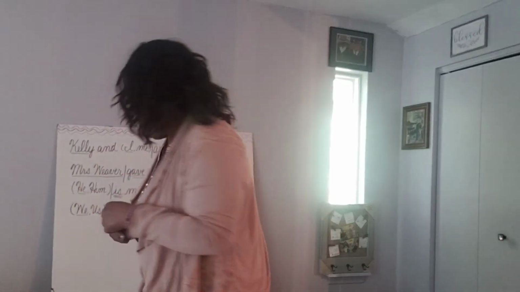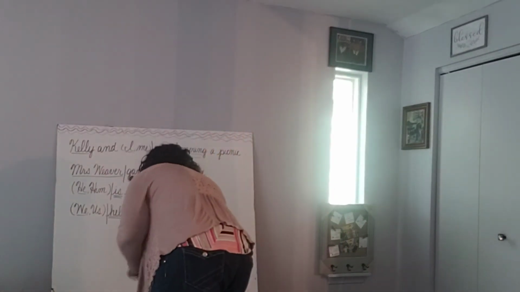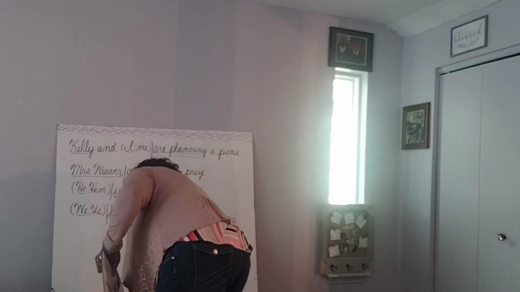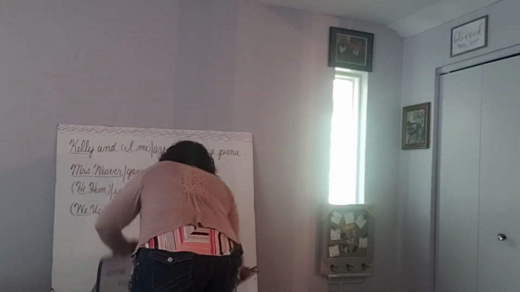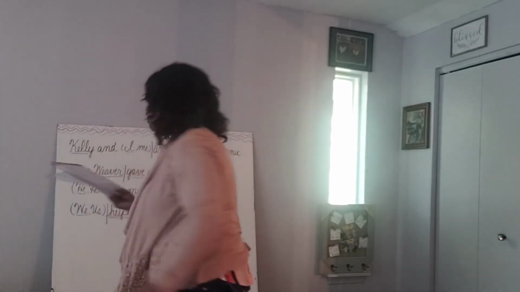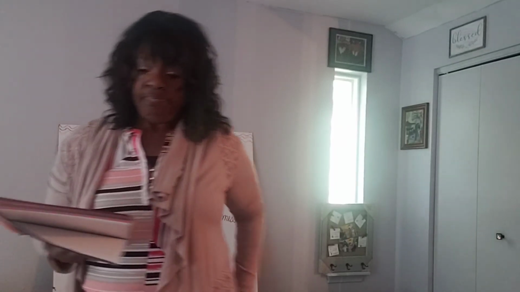So remember, adverbs are words that usually describe a verb. They tell you how, when, and how often to do something. Okay. So I want you to think about those adverbs as well. So that's going to be on page 188 in your books.